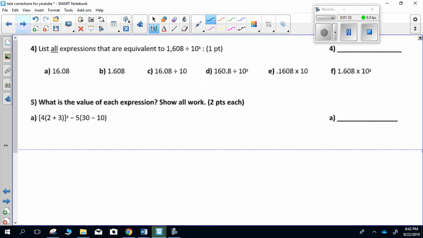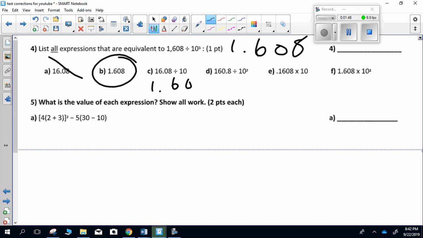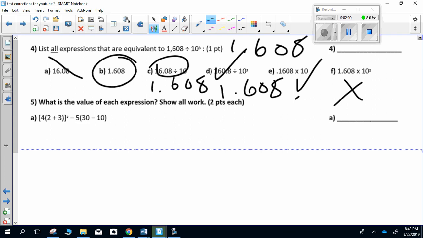The next question, using the same information, 1 and 608 thousandths, I need to find all of these that are equivalent to that. So, no, yes, yes, yes, yes, and no.